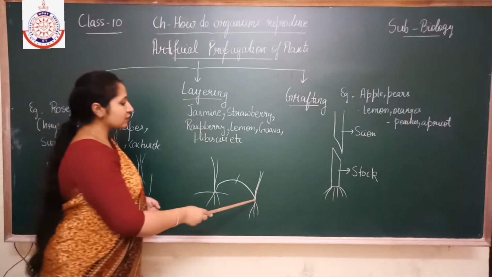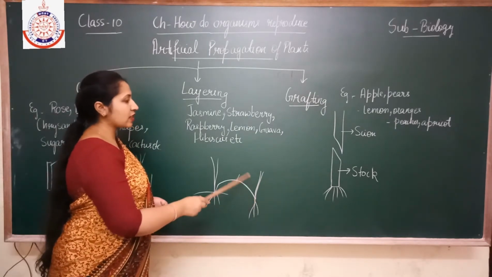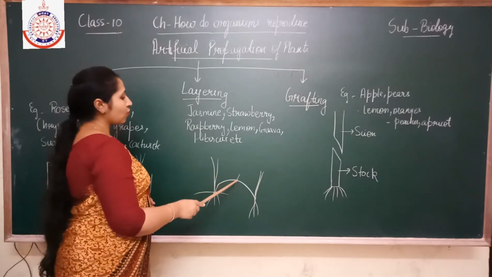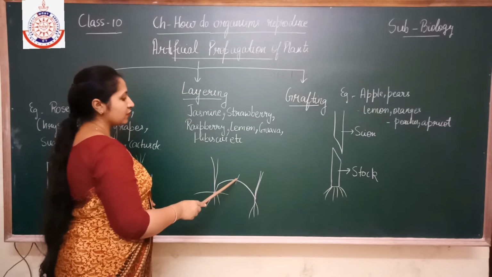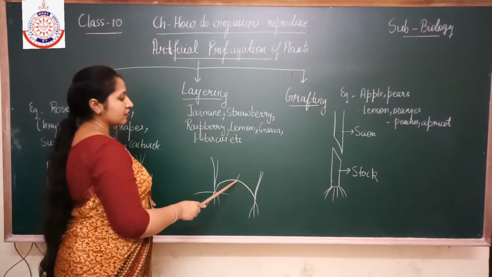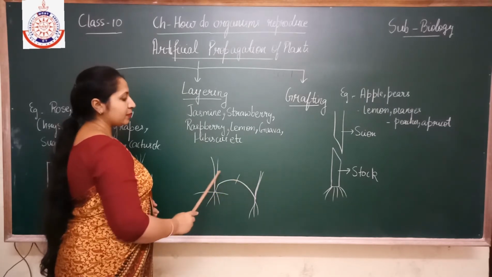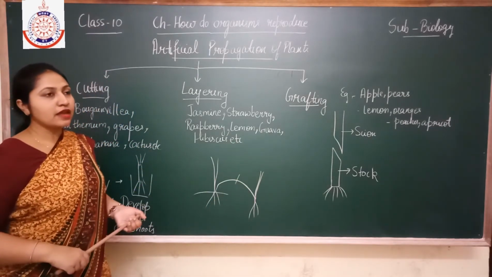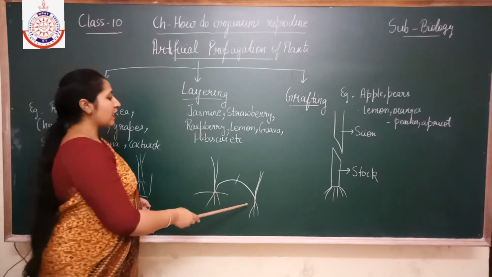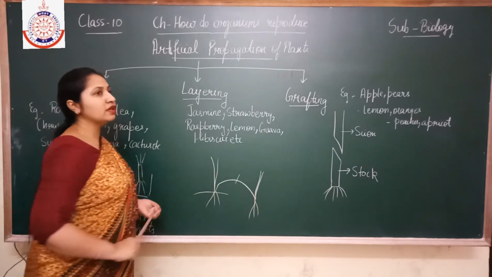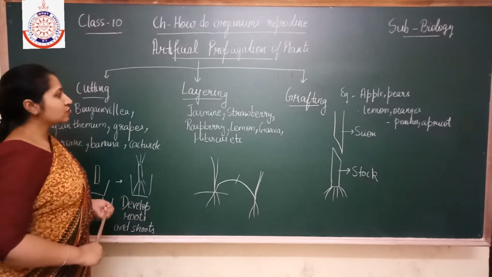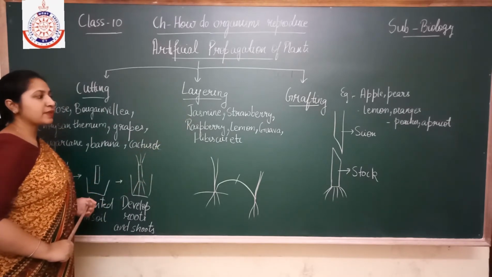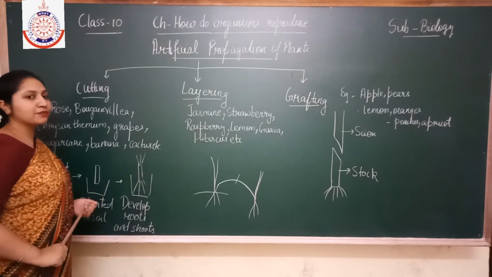From the node region, the roots and the shoots develop. Later on this branch is cut from here, and it forms a separate plant. Both of these plants are separated from each other, and in this manner a new plant originates from the old plant. Some examples are jasmine, strawberry, raspberry, lemon, guava and hibiscus.